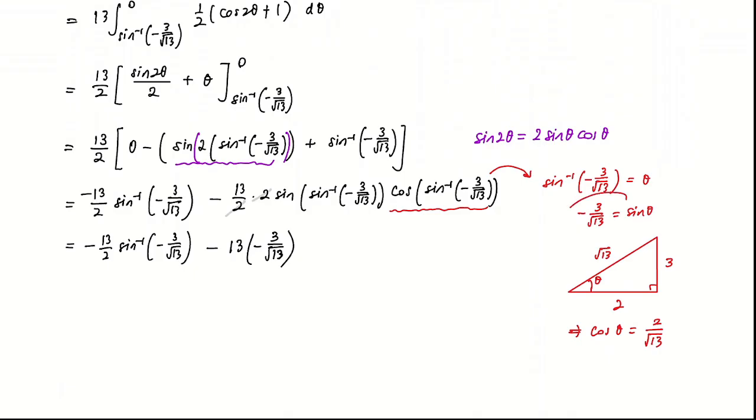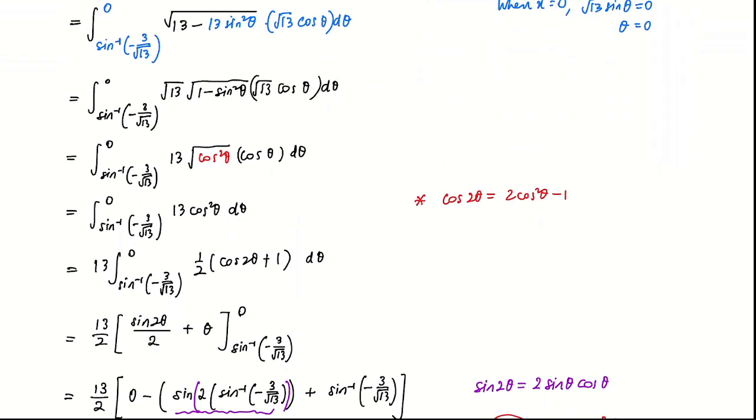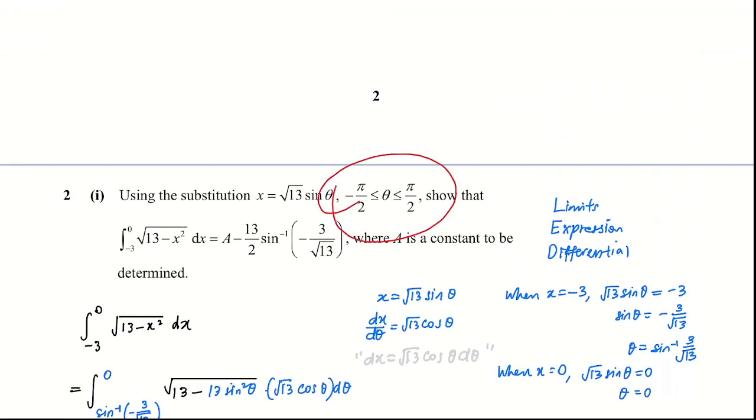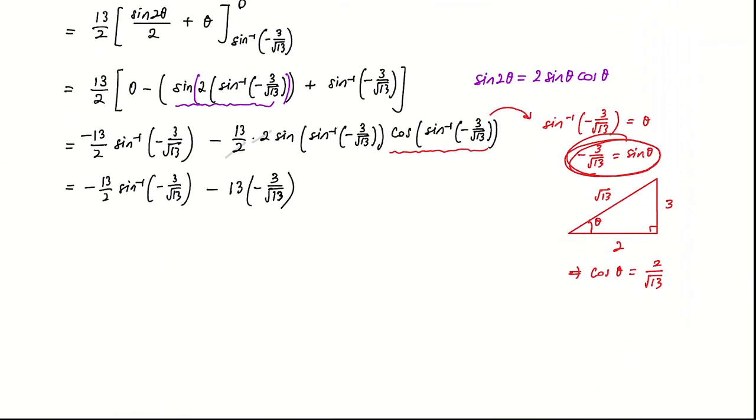If you think about this and the domain, this one over here is actually in quadrant 4. And in quadrant 4, cosine of this angle is going to be positive. So this is another detail to take note. Because of this, the cosine of this angle is going to be positive 2 over root 13.